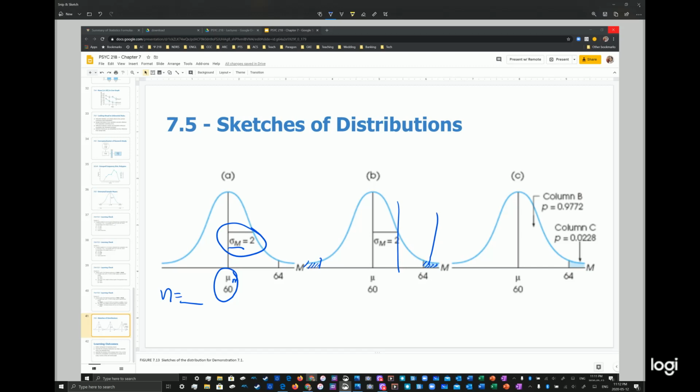Therefore, it's like 5% left, 2.5% on each tail here, if we do 2 tails. If we do 1 tail, where this is the entire area, it's still going to be 2.5 because, well, this is only 1/2 of this 5% right here.